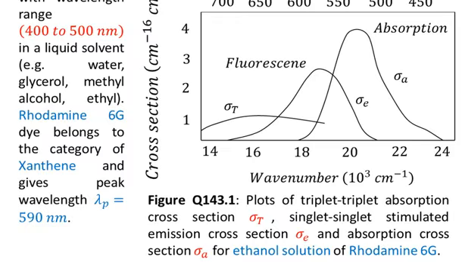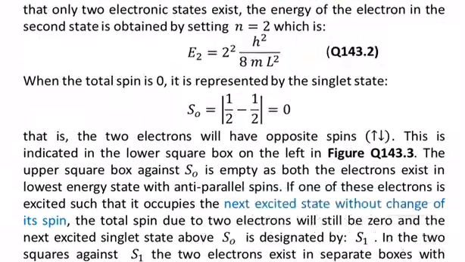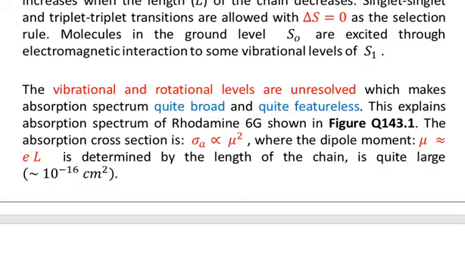Due to that, the absorption band is very broad, as shown in figure number 1 for sigma A. Okay, this explains the absorption spectrum of rhodamine 6G as in figure number 1.